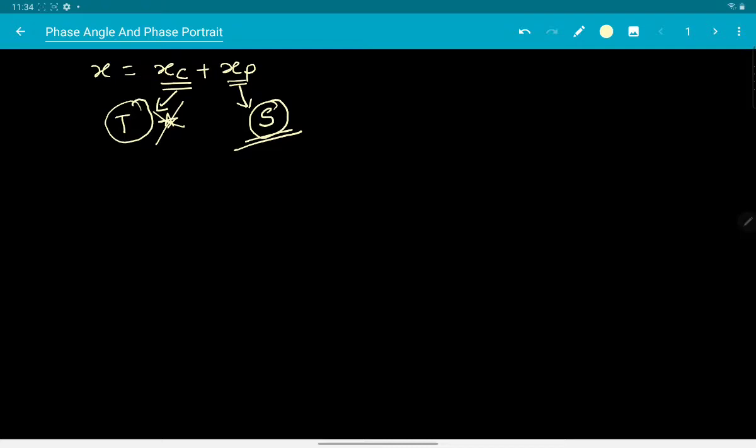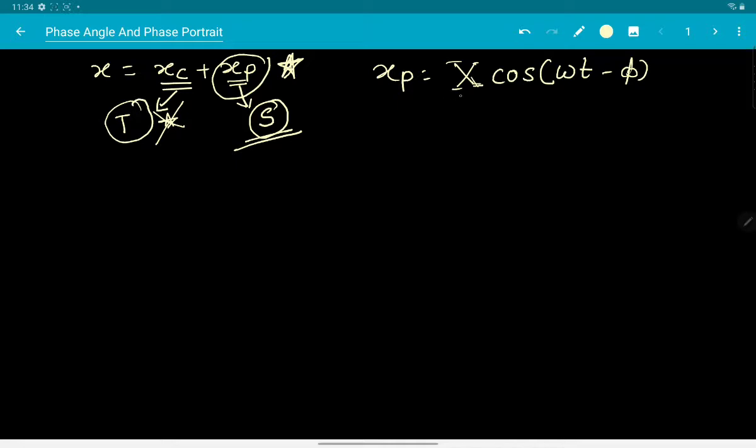Okay, after some good amount of time has passed, this is the only part which remains, and this is something of importance to us. We already have seen that xp can be written as x, which is the amplitude, times cosine of omega t minus phi. We have seen the expression of x, and how exactly x varies with r, that is omega by omega n.